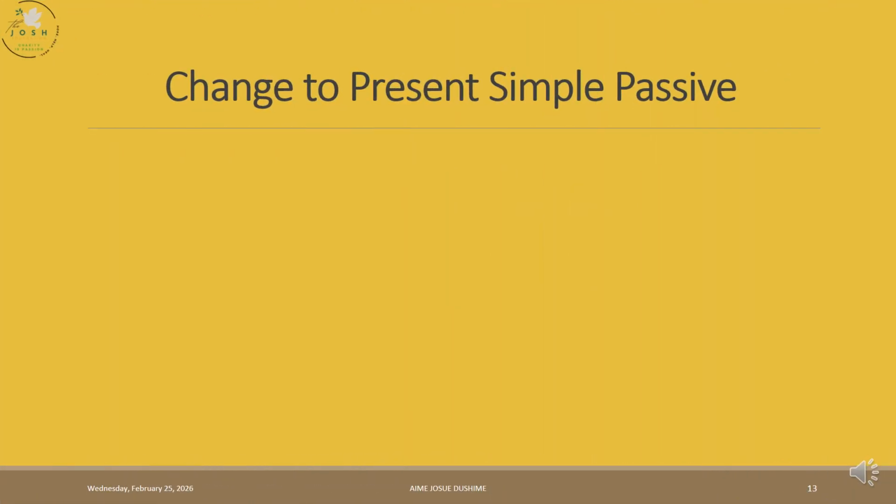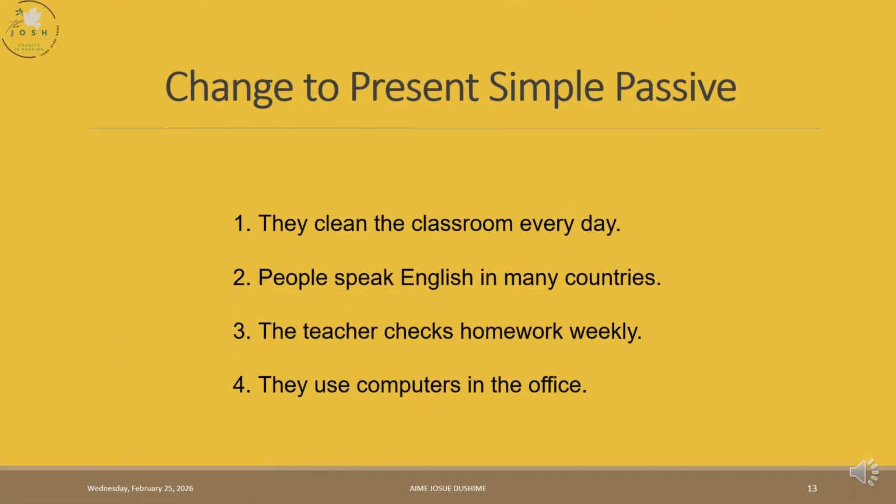Changing these things to present simple passive. They clean the classrooms every day. Change it. You will first look at the object, which is the classrooms. Then, after looking at the classrooms, you check, is it a present or a past?